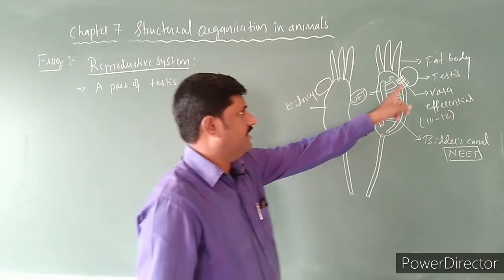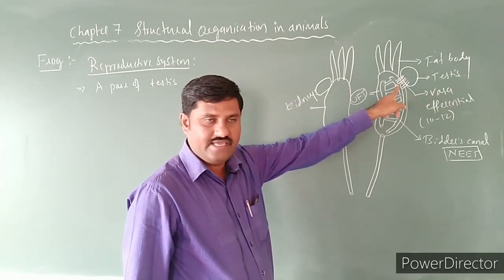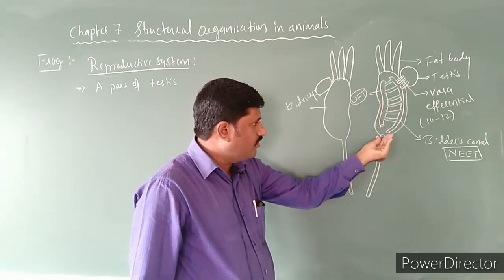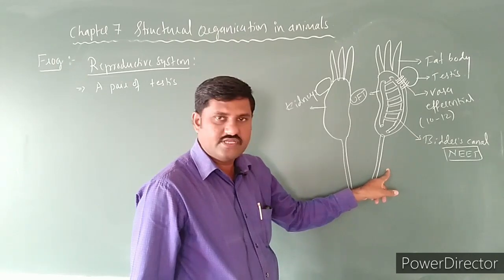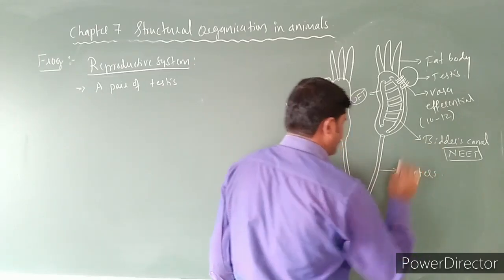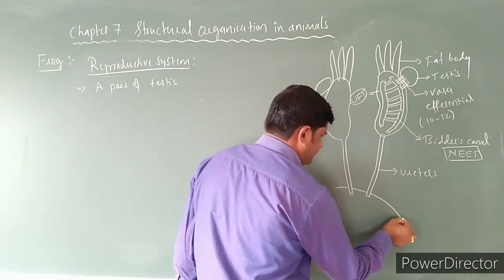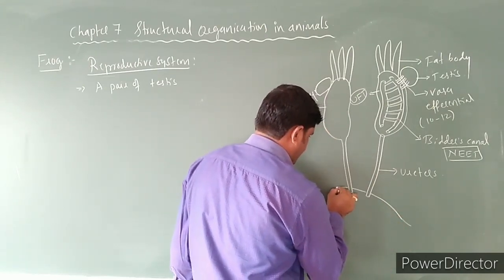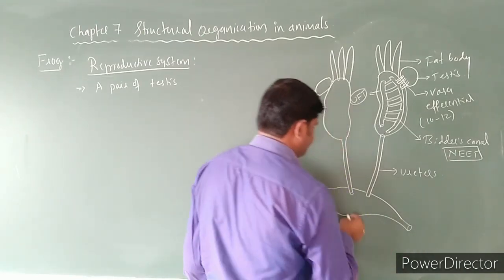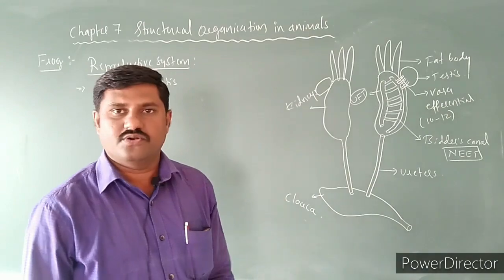See what actually happened here. The sperms come from the testes into the kidney, and from the kidney the urine as well as sperms all together go into a common tract, the ureters, and the ureters open into a common opening. That common opening is called the cloaca.